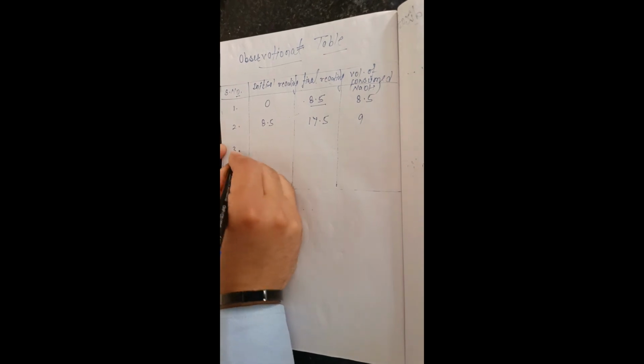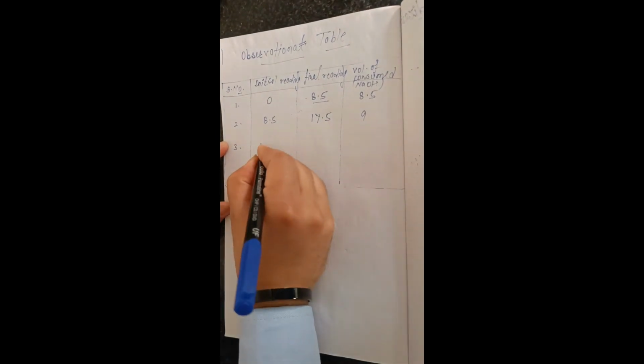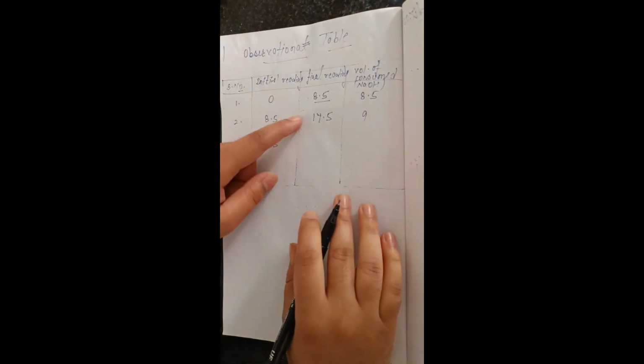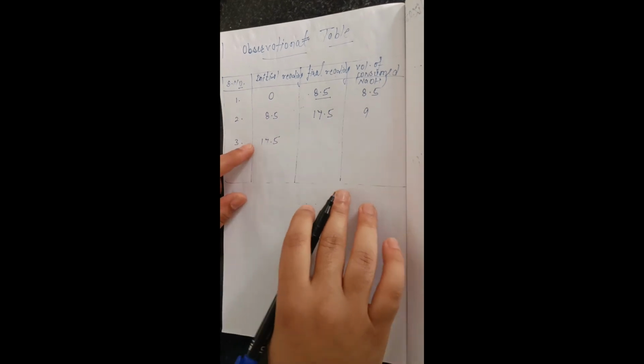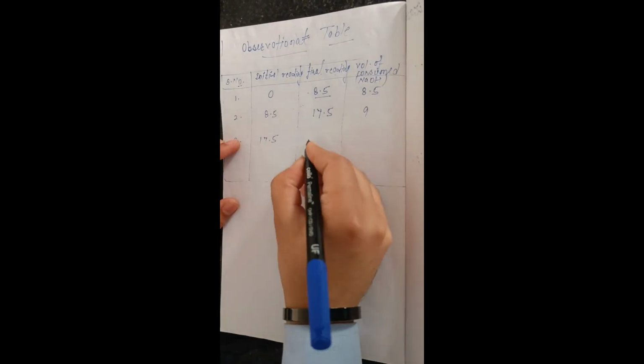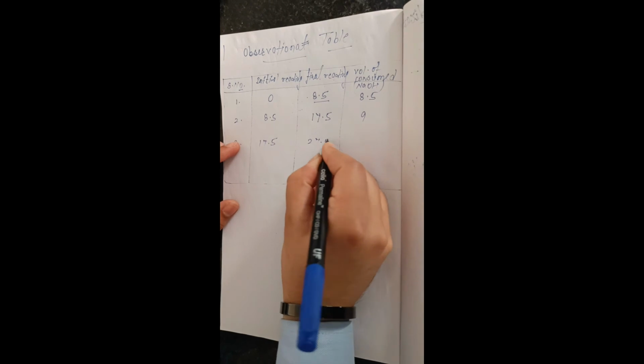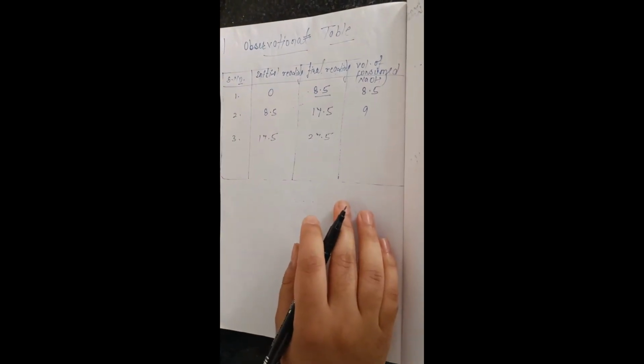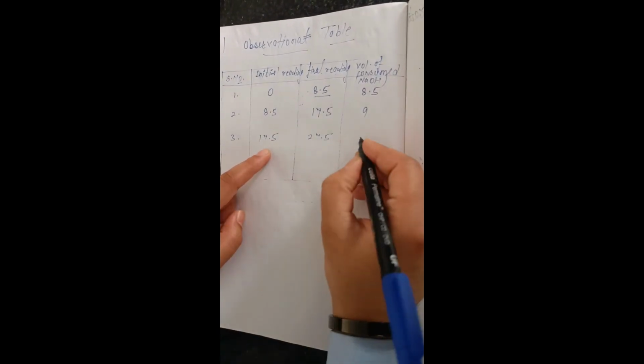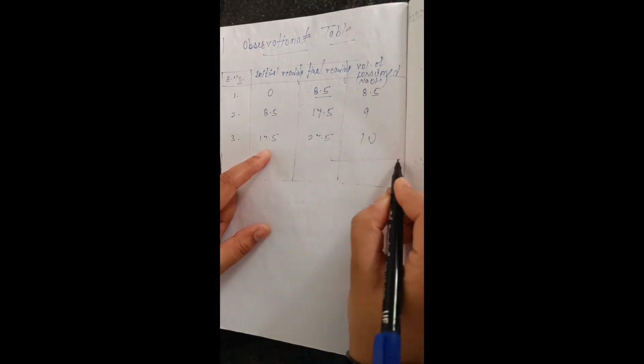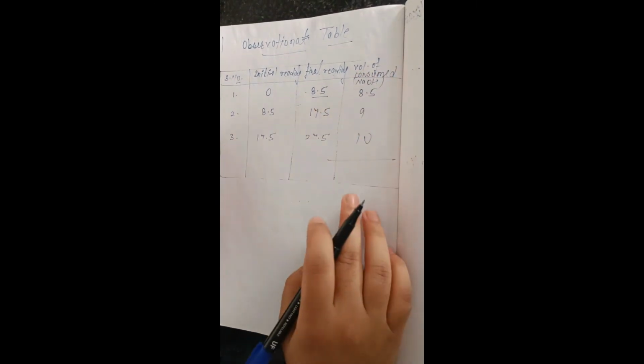The third time, the initial reading is 17.5, and the final reading after the titration was 27.5, so the volume will be 10.